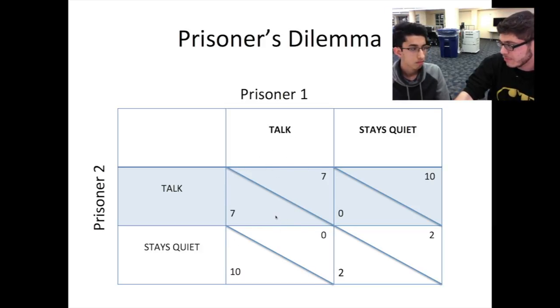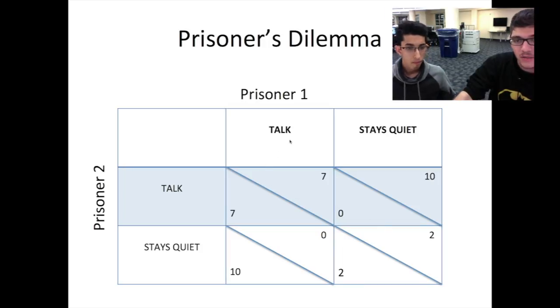So what ends up happening, since both their personal benefit is to talk, you're going to end up here, which is known as the Nash equilibrium. But now, if you really look at it, this is the most amount of time they're going to spend in jail together. So as a group, this is the worst outcome they can have. This is 14 years in jail, this is 10, this is also 10, and this is only 4.